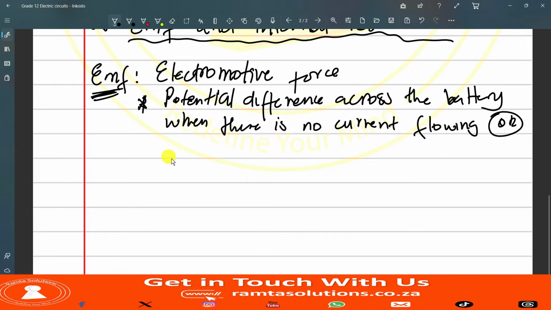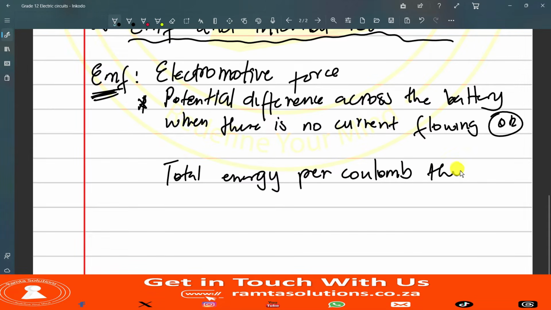Or you can say it is the total energy per coulomb that a battery can supply.